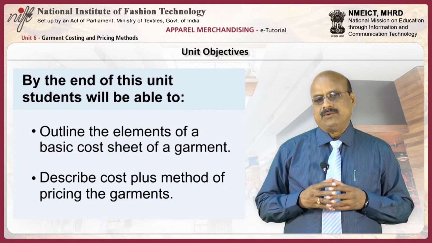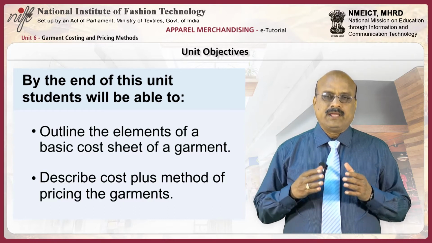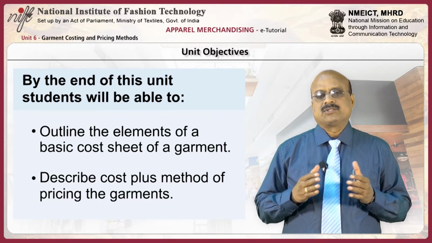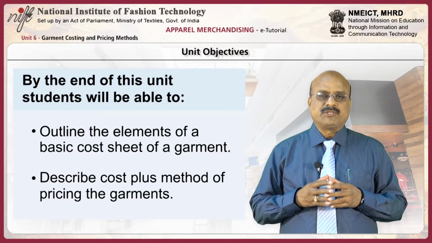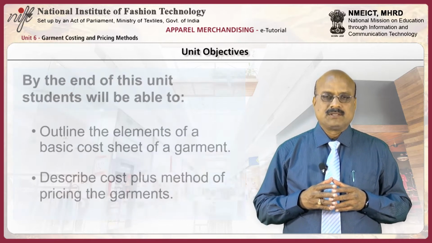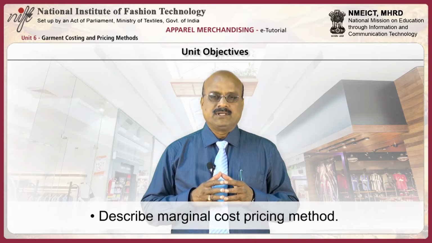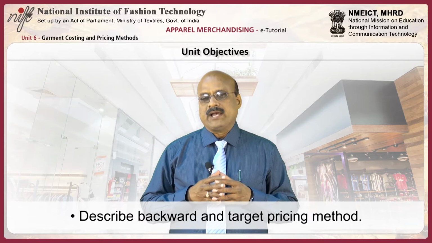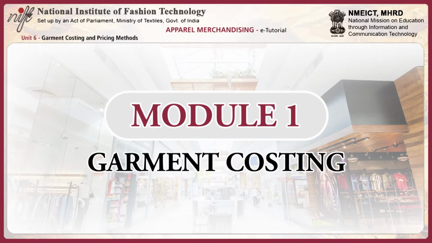By the end of this unit, students will be able to outline the elements of a basic cost sheet of a garment, understand the cost plus method of pricing garments, understand the marginal cost pricing method, and understand the backward and target pricing method. The first module gives you an overview of garment costing.